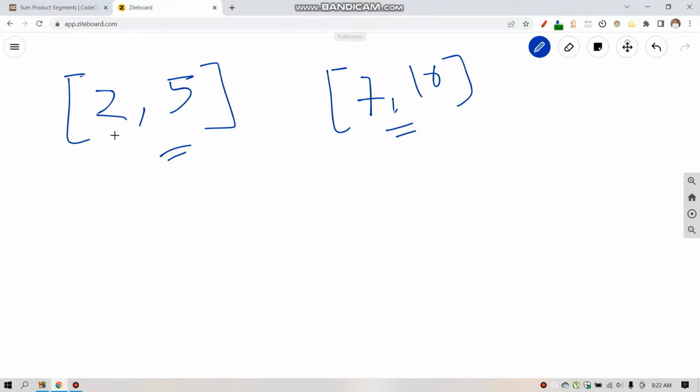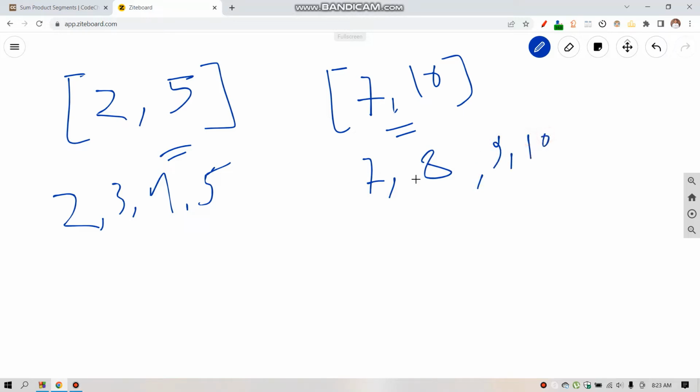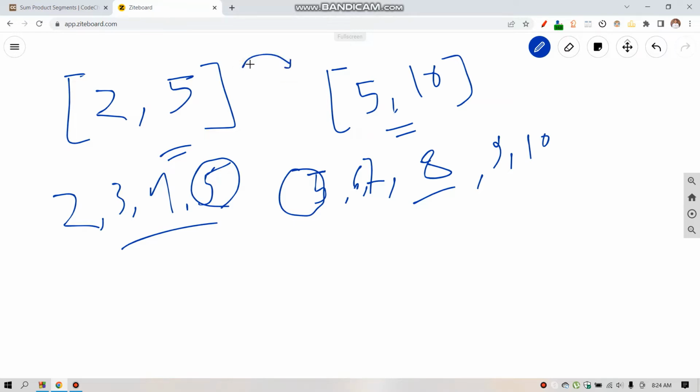This segment has elements from 2 to 5, so 2, 3, 4, 5, and this segment has elements from 7 to 10, so 7, 8, 9, 10. So you can see that no element comes twice, but if we write 5 here, the range of this segment becomes 5, 6, 7, 8, 9, 10. So here 5 comes twice. So these two segments are intersecting with each other.